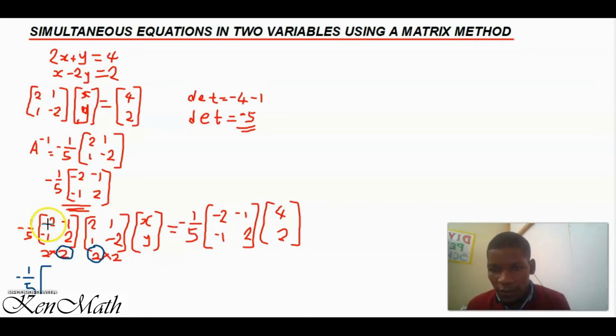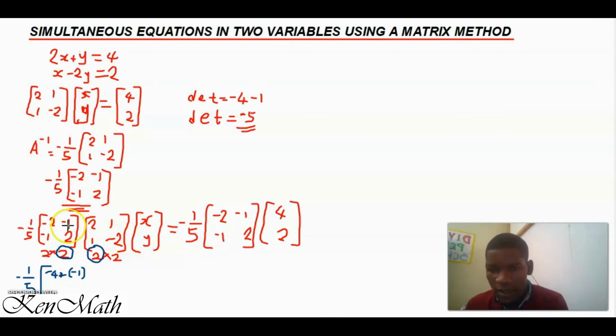So we multiply row by column. Say -2 multiplied by 2, it gives us -4, plus -1 multiplied by 1, it gives us -1. Okay, so that's what it is giving us here.